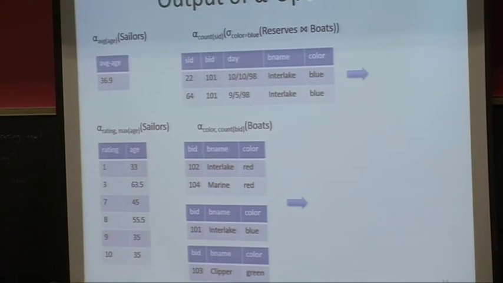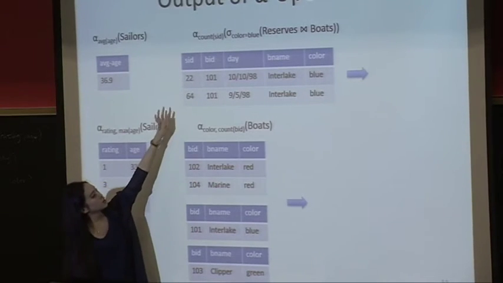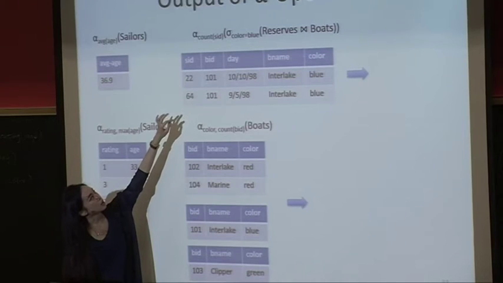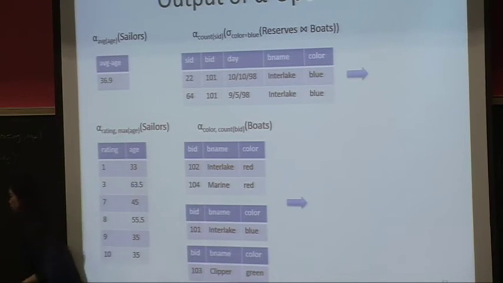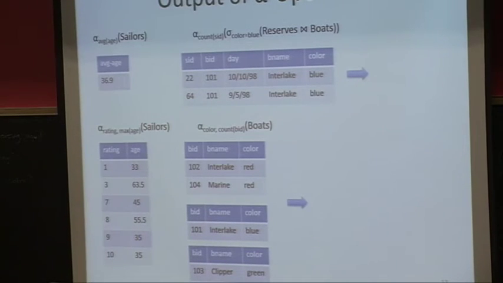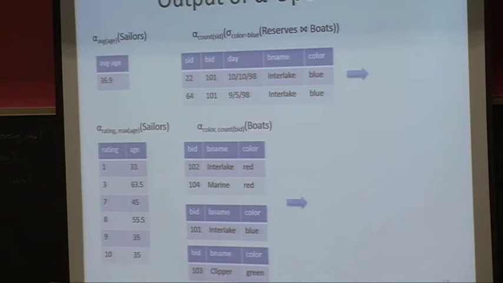How about the second one? I put down the intermediate part, until selection. So what do you think will be the end result? This table right here is equal to just this part until here.